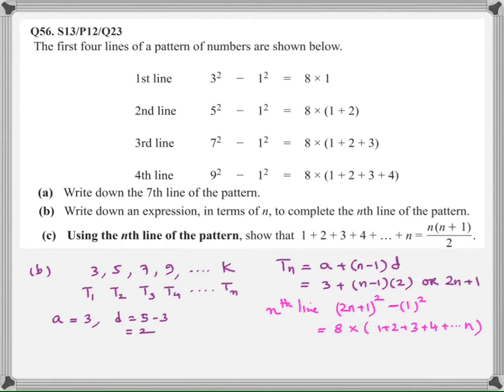The very last part. Using the nth line of the pattern, show that 1 plus 2 plus 3 plus 4 plus dot dot dot all the way till n is such and such. Now, by now you have realized that it has something to do with the second part. If you haven't realized it, that's bad. Well, actually, we all learn. So that is related with the second part.